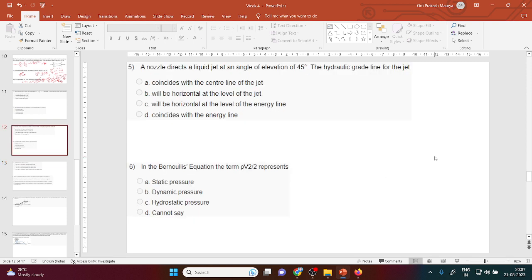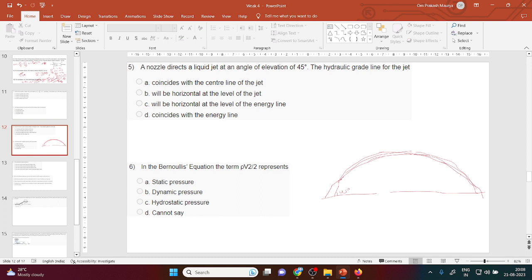This is simply telling that if your nozzle is directed at 45 degrees from the horizontal and water is flowing from it, after some distance it will fall on the ground. So it is asking for the hydraulic gradient line of the jet. What will be the hydraulic gradient?